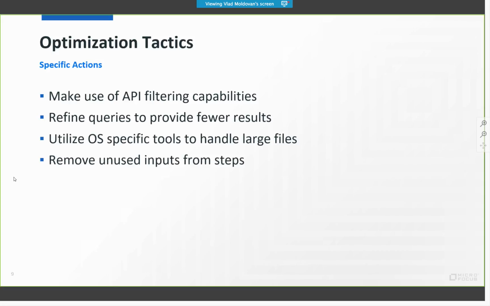Again, remove unused input from steps. What does this mean? Basically, you can have a lot of inputs that you're either not going to provide a value for, or they're going to use the default value all the time. Especially for the out of the box content, when you're dragging such an operation or flow to the canvas, if you're not going to use them, why keep them in memory?